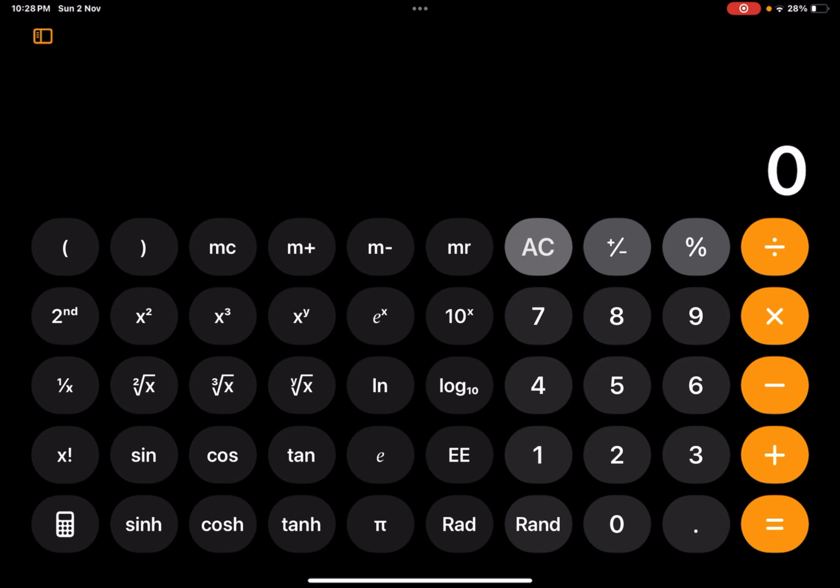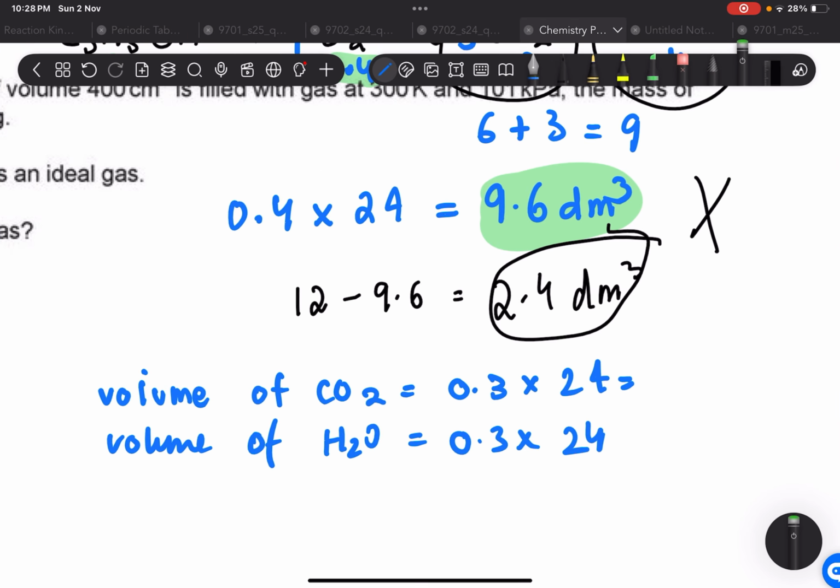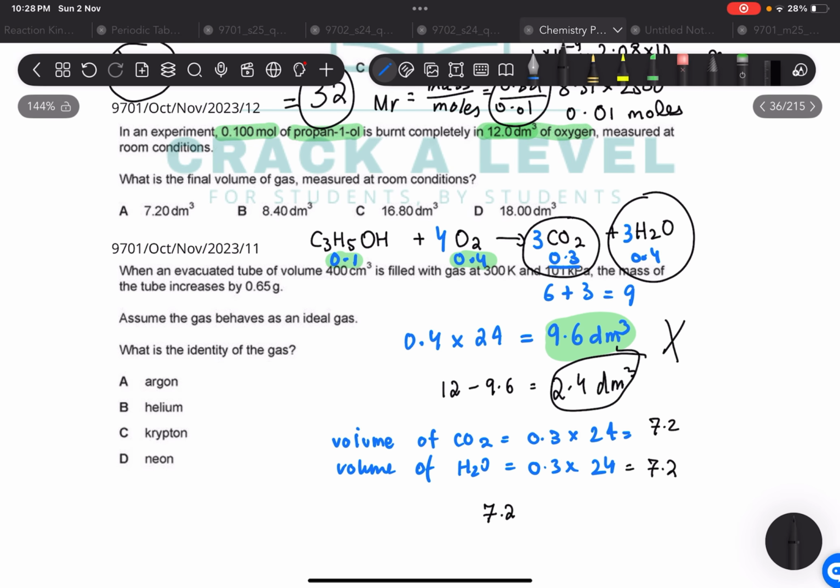So 0.3 multiplied by 24 is 7.2, and 7.2 again for the second gas. Now I add the volume of all the gases that I have. 7.2 of this, 7.2 of water, and how much did I have left for oxygen? 2.4.